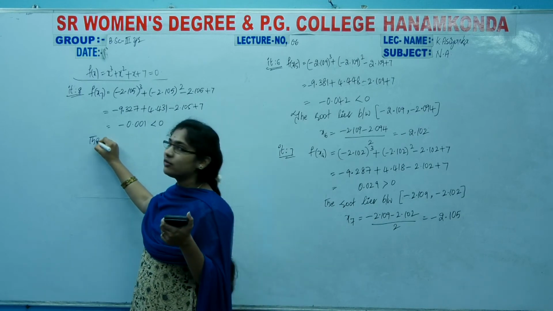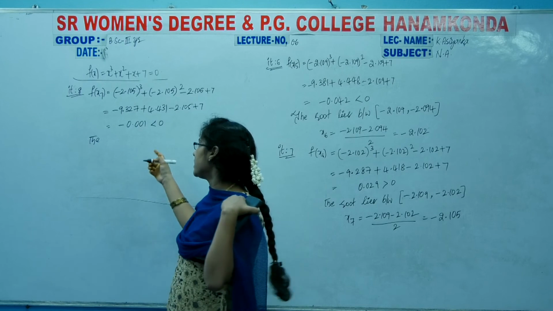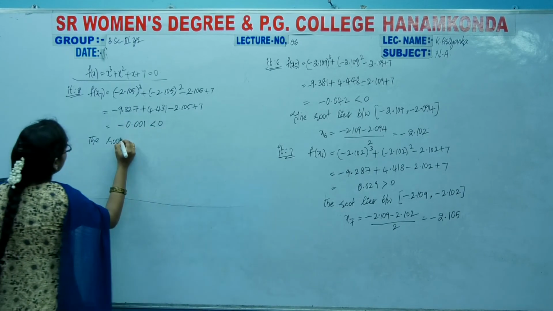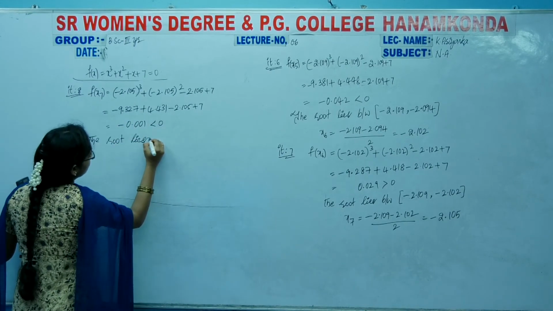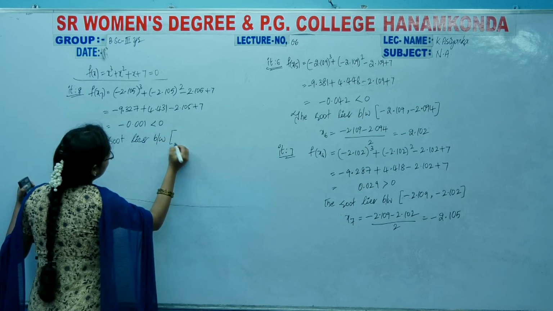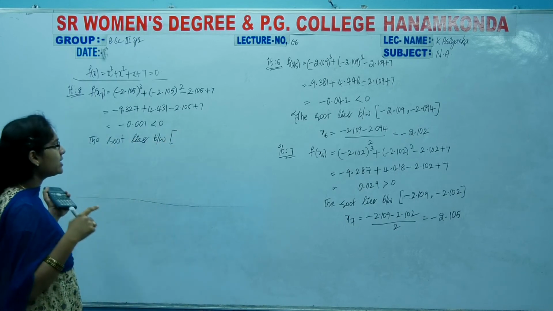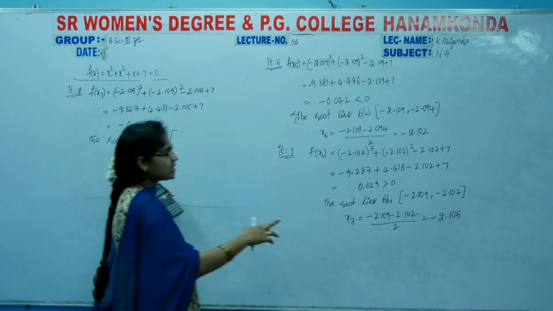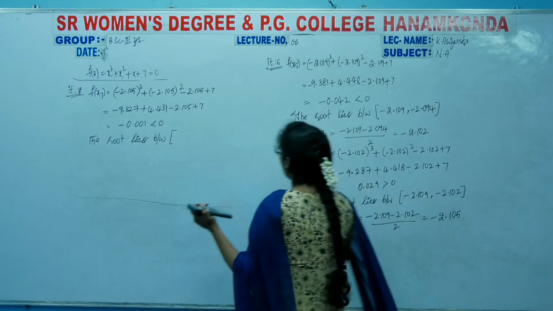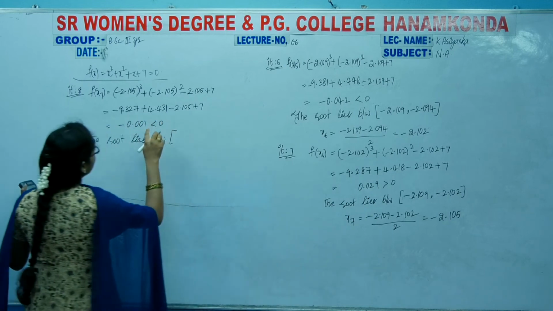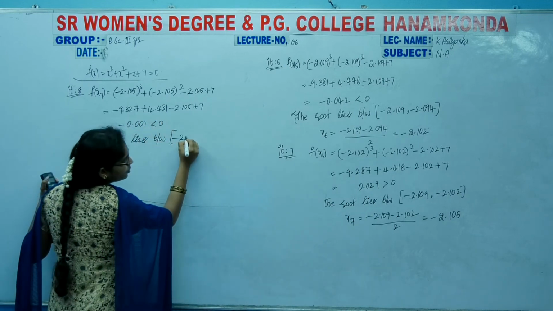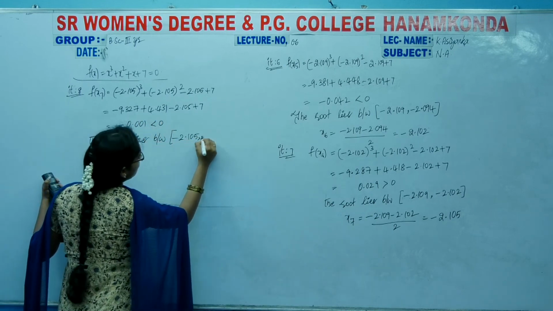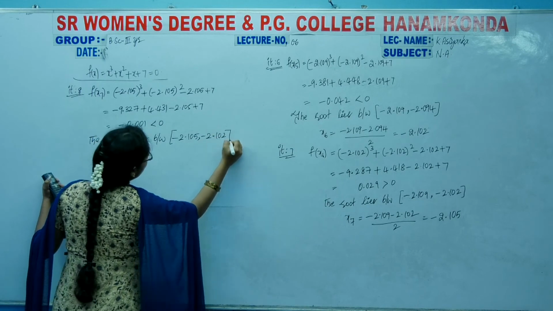Now here therefore what we have to say, it is nothing but again negative value, therefore the root lies between. So now here the root lies between, here we have that it is negative and here it is negative and this is positive now. So negative means we have to ignore that. Minus 2.105 comma minus 2.102.